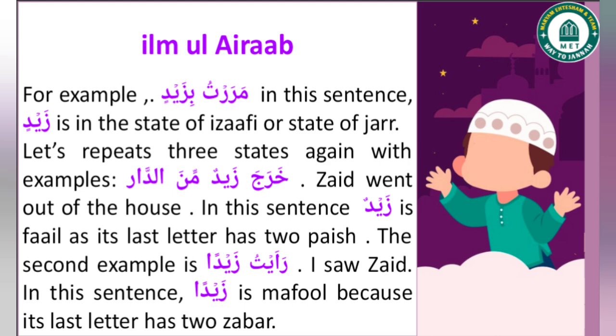Kharaja Zaydun min ad-dar. Zayd went out of the house. In this sentence, Zaydun is fa'il as its last letter has two pesh. The second example is Ra'aytu Zaydan. I saw Zayd. In this example, Zaydan is maf'ul because its last letter has two zabar.